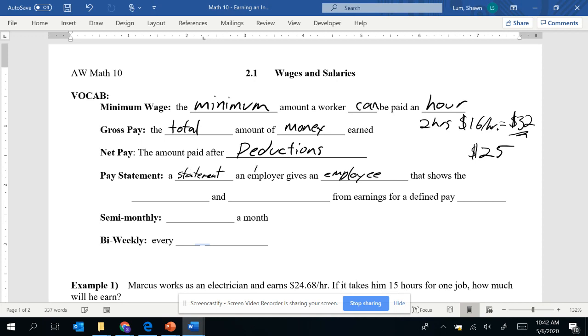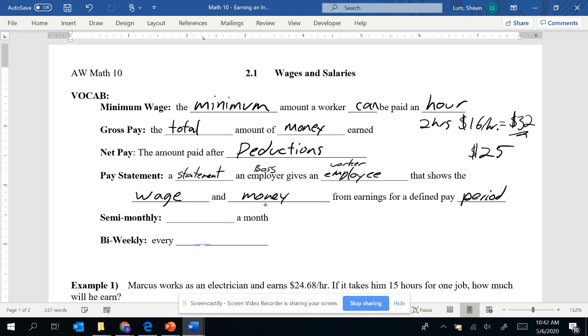So an employer is kind of like the boss, who gives an employee, who is like a worker, a statement that shows the wage and money from earnings for a defined pay period.